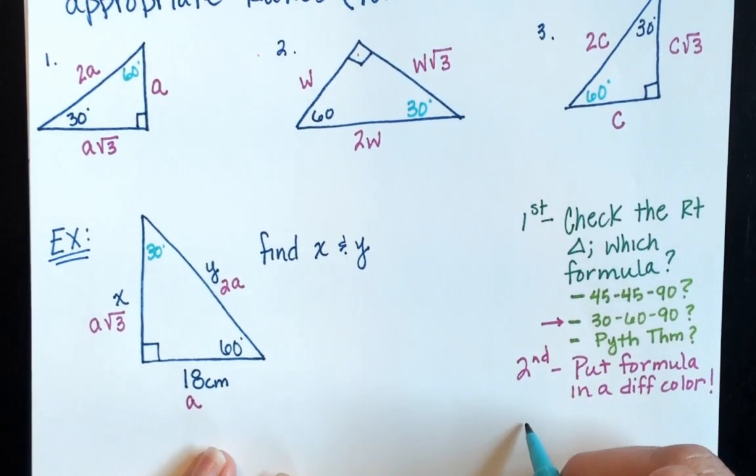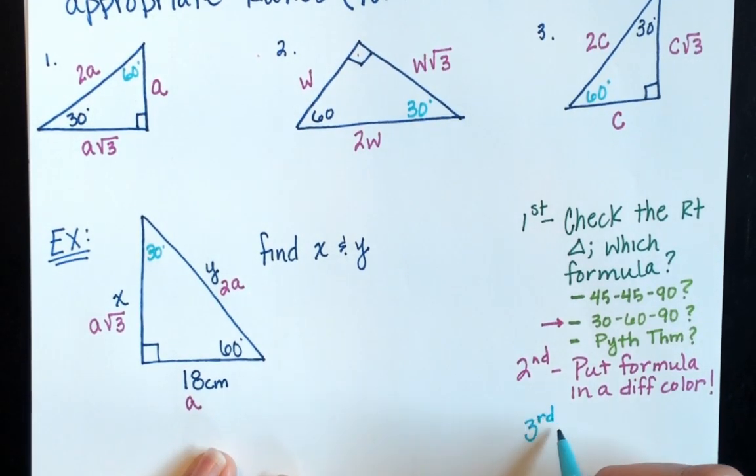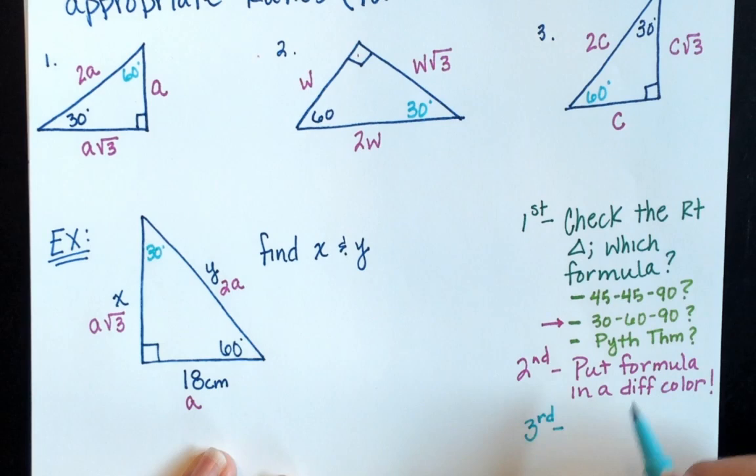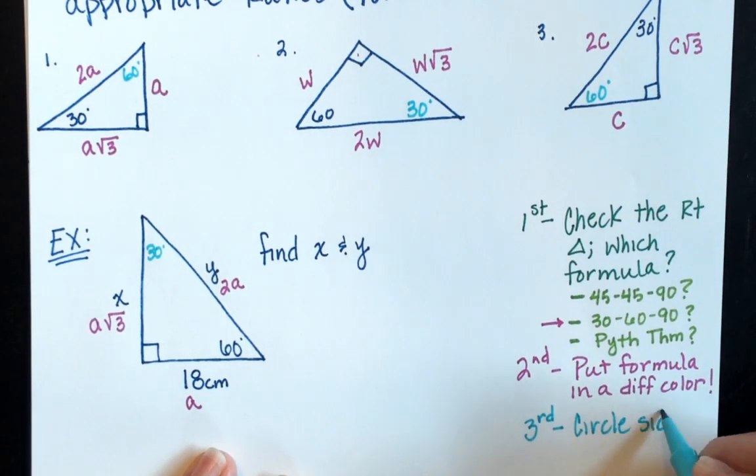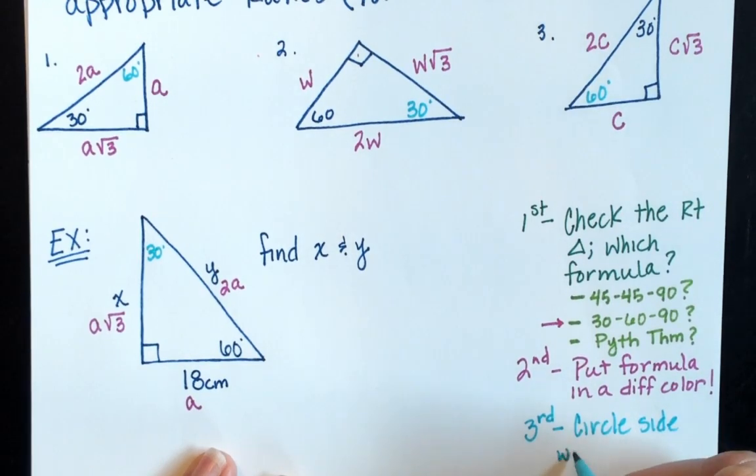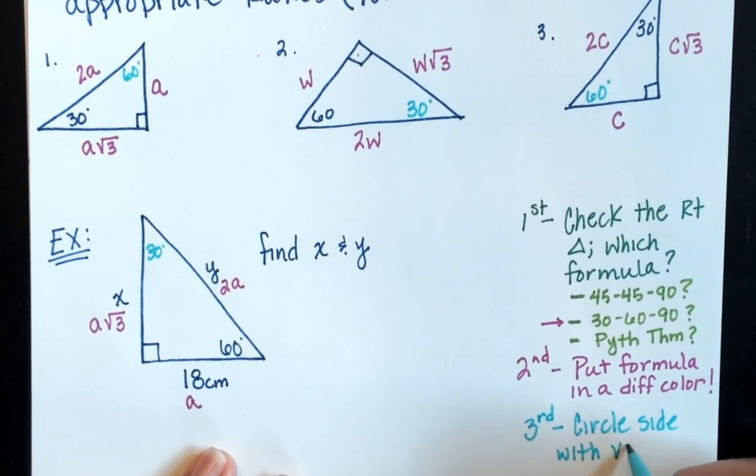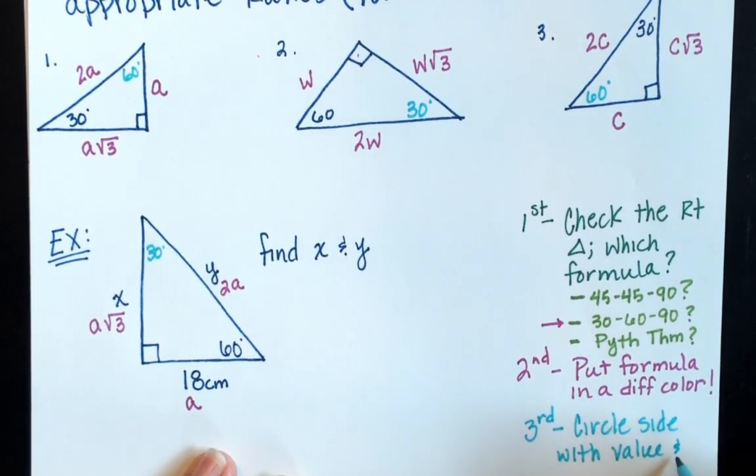Third step, just like we did with our 45, 45, 90. Circle the side that has the value and the formula.